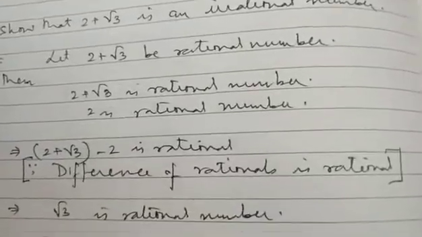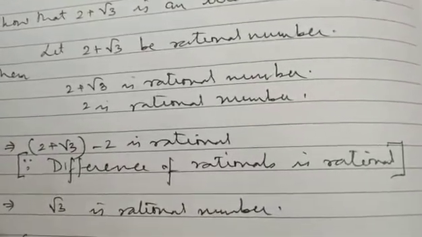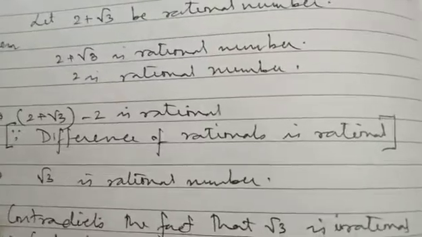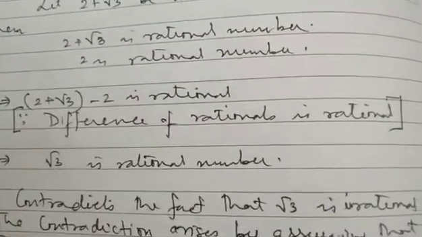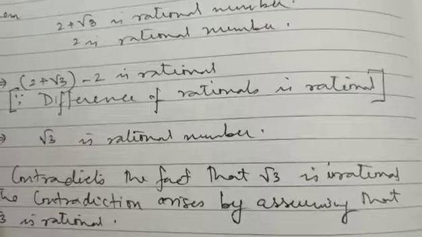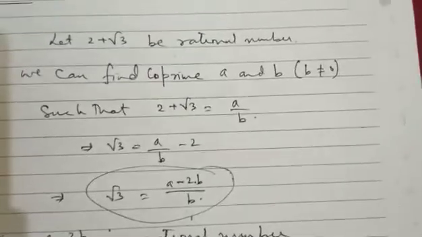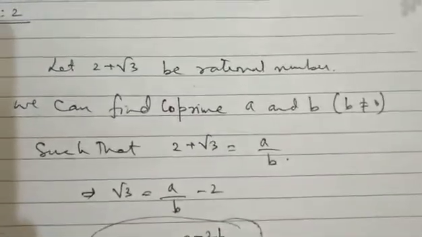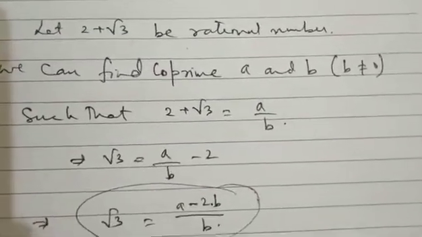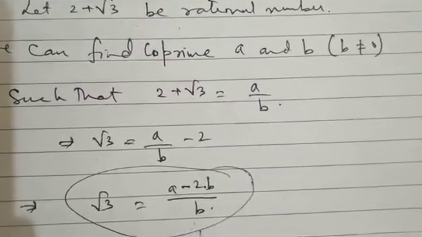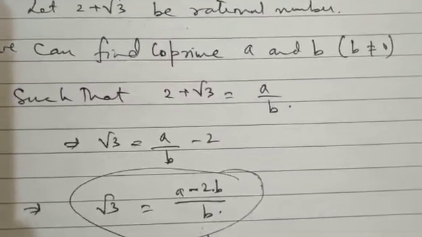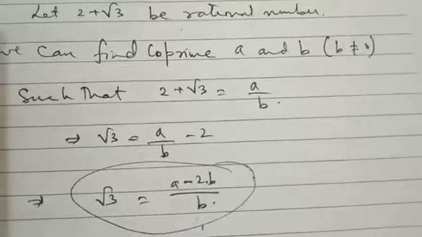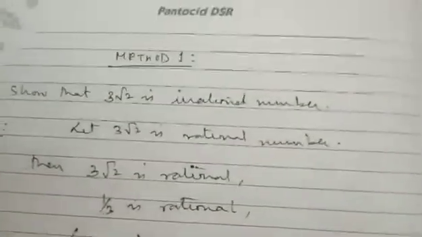In method number 1, we have subtracted from the given number a suitable number, so that the remaining number comes in the category of rational numbers. In method number 2, again we have started with the same assumption that 2 plus root 3 is a rational number, but the approach we have taken is to write it as a by b.